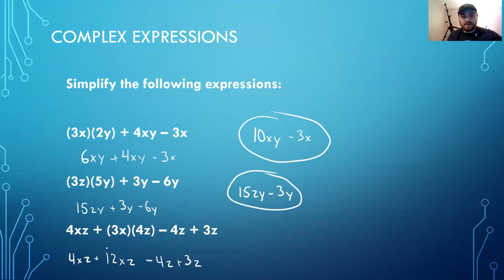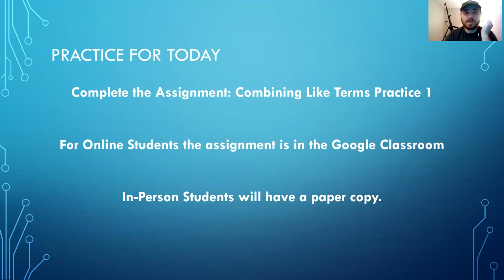So we need to multiply these out first. Then we have 4xz and 12xz. Those combine to give us 16xz. We have a negative 4z and a positive 3z. That is minus 1z or minus z. And that's how we simplify those really complex expressions.